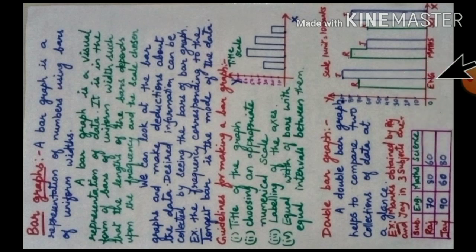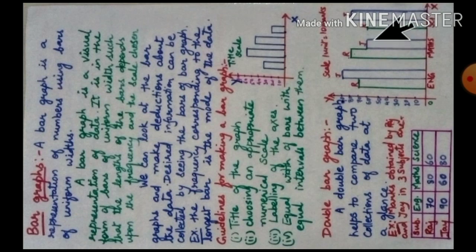So the double bar graph is drawn. Here are Raj's and here are Jay's values. Raj is getting 70, Jay is 90. Next, Jay is getting 60 and Raj is getting 80 in Maths. In Science, Raj is getting 60 and Jay is getting 80.